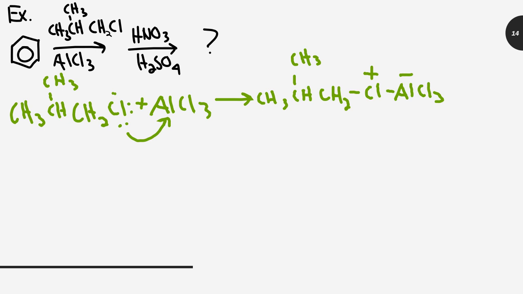So I'll move this hydrogen to this carbon here, and at the same time, I break that carbon-chlorine bond. So I switch this hydrogen to this carbon here, which makes 3 methyl groups around this, and the positive charge is on this carbon here. That's a tertiary carbocation. So now I add that to the ring.